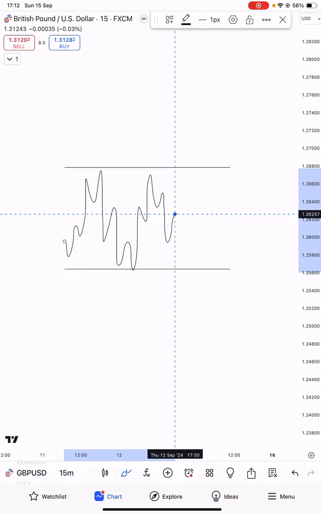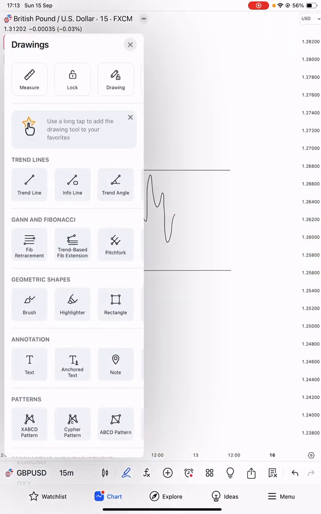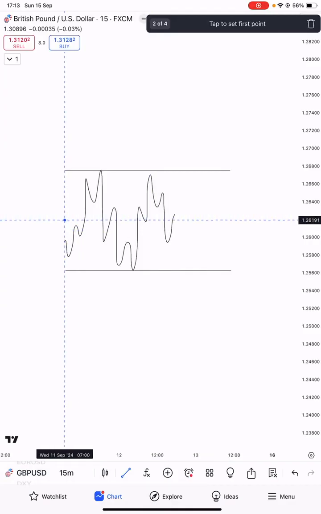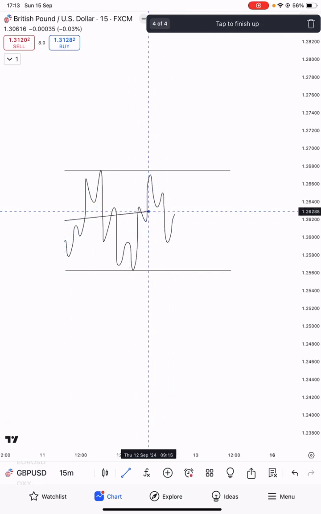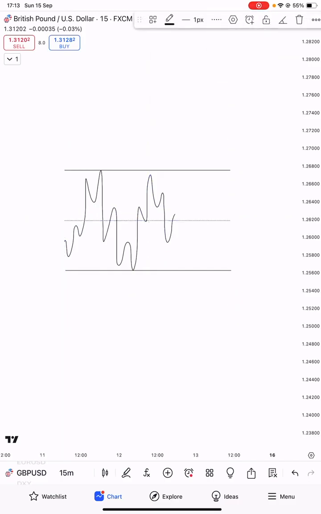Now you have a range high, a range low, and an equilibrium price point. The way I already told you to verify the equilibrium is by seeing the respect of price at this price level. And so you have these three non-subjective price points: a range high, a range low, and an equilibrium.